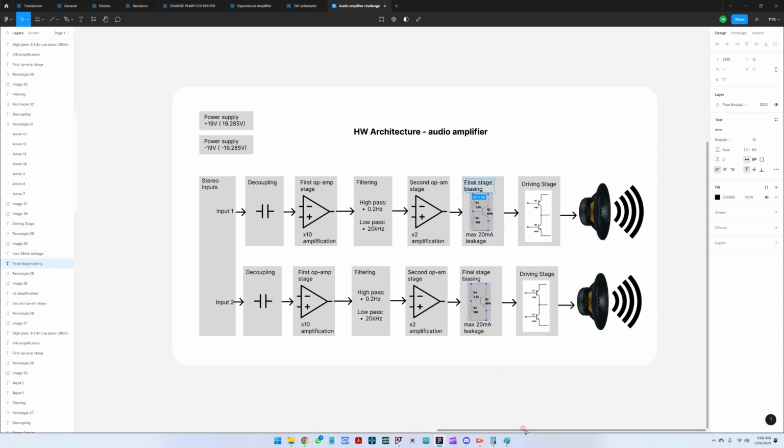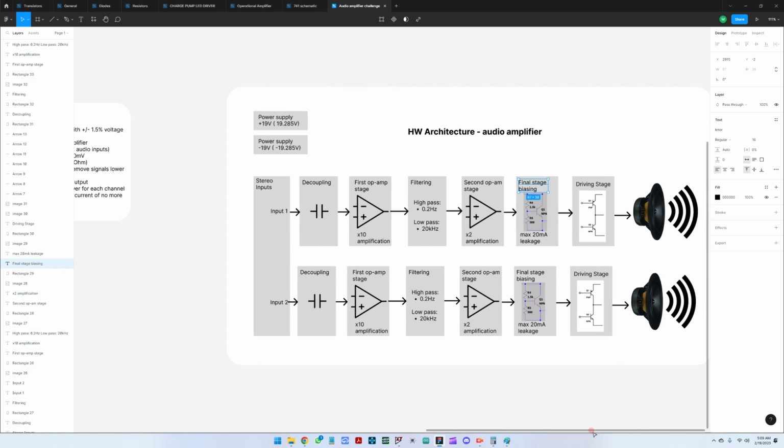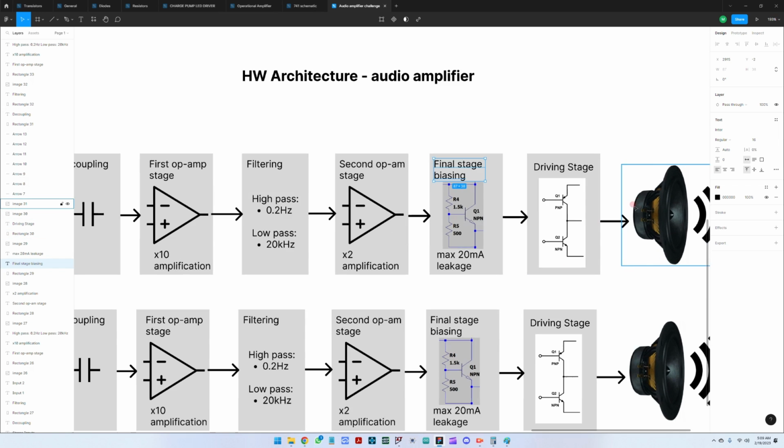Because we are going with an AB class amplifier, this means that for the driving stage in an AB amplifier, you will see that there is a constant current flowing from the power supply to ground in order to keep both transistors open, so that there would be no distortion when crossing 0 volts from the plus and minus power supply.